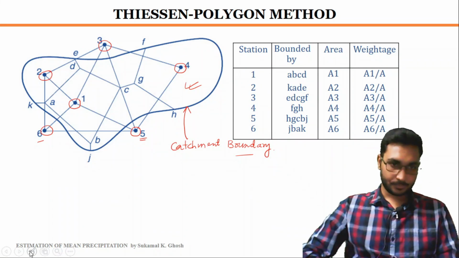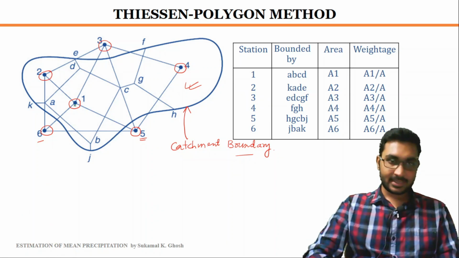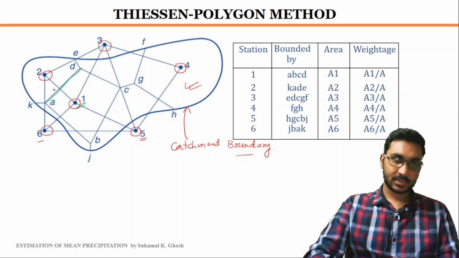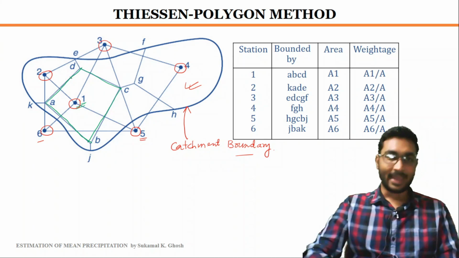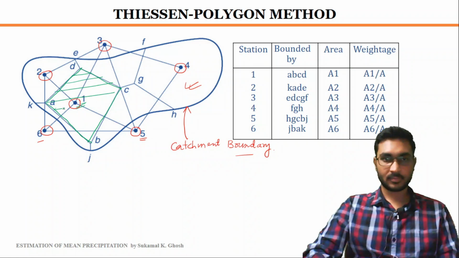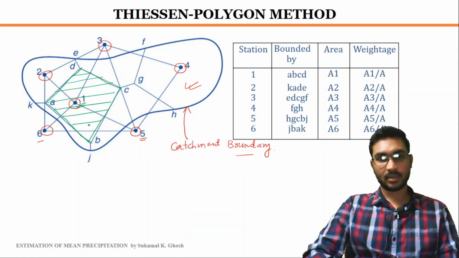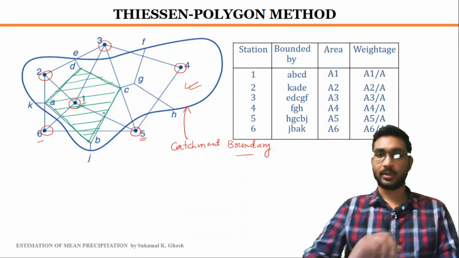For example, see, this rain gauge station 1 is bounded by this polygon. This shaded area is the weighted area for rain gauge station 1.